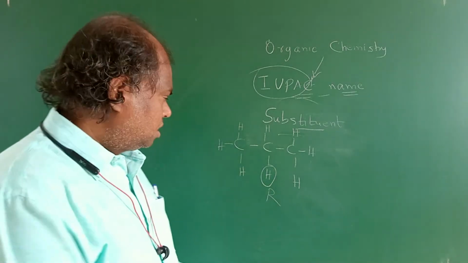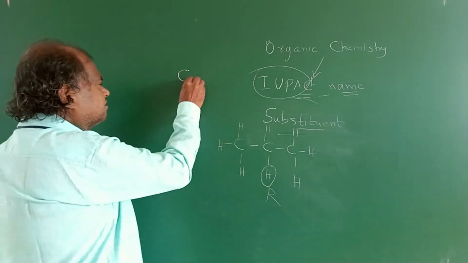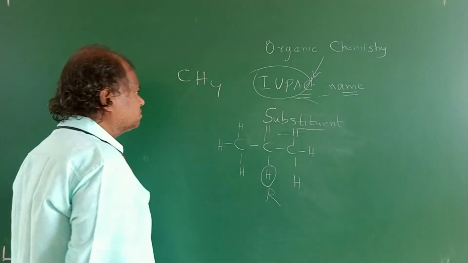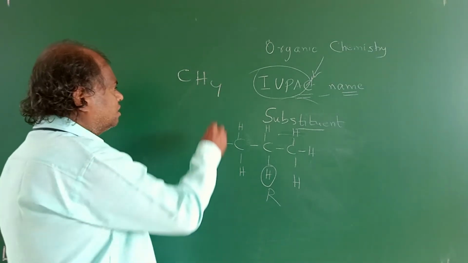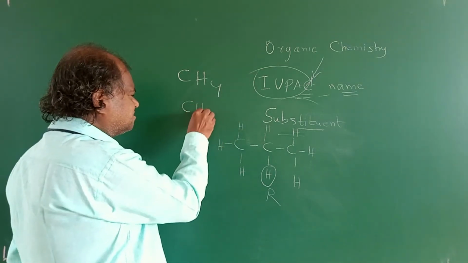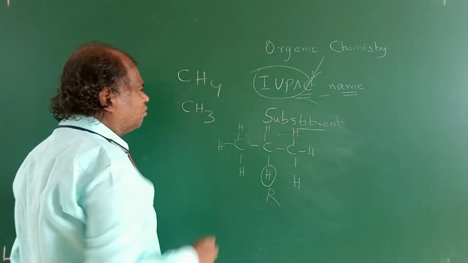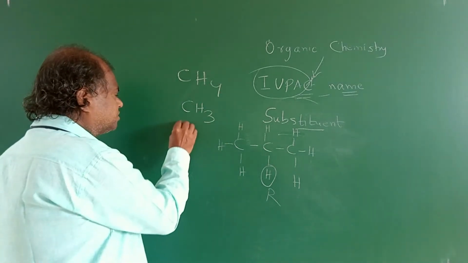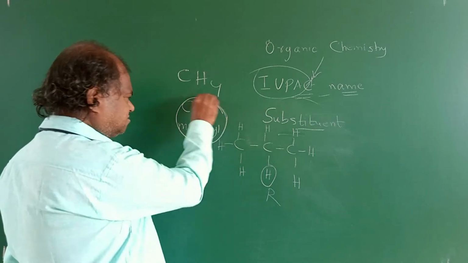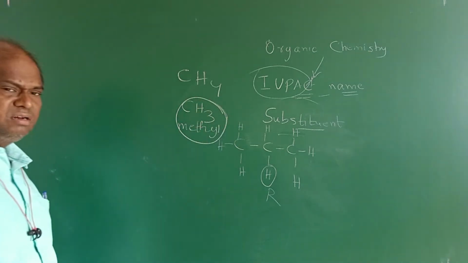Now students, this is methane. Listen to this very carefully. This is methane, CH4, right? Now you remove one hydrogen, make it CH3. This substituent is called methyl. What is it called?